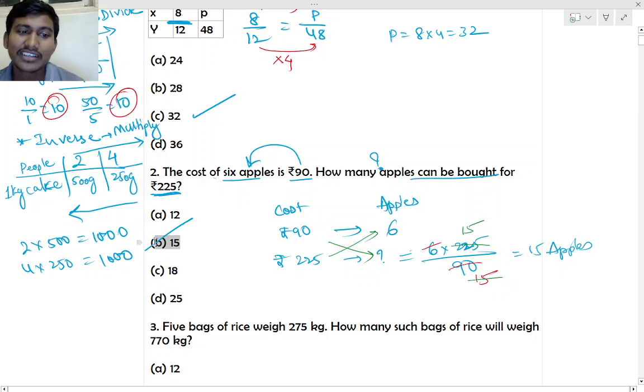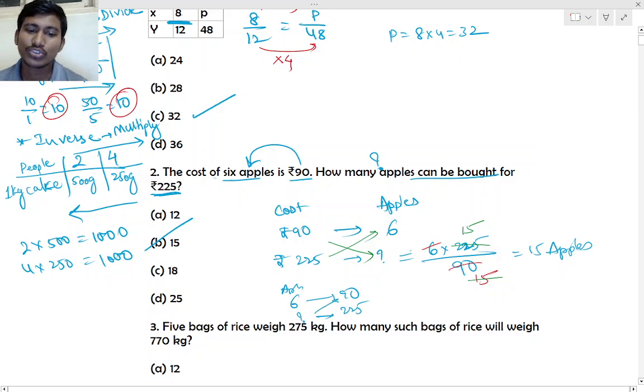Got it? Yes, what Mansa? Sir, will the question go wrong if we write the cost and apples on the opposite side? It will be difficult. If you write apples on this side, 6 apples is 90, how many apples is 225, then you have to take this and send that to this side.